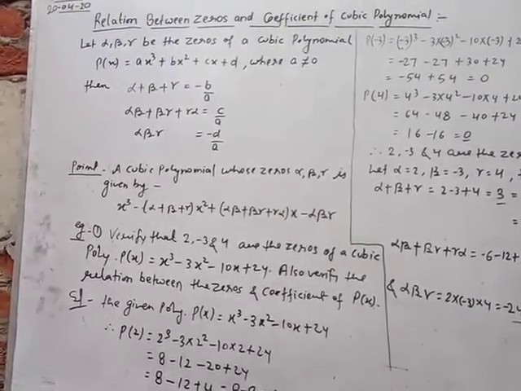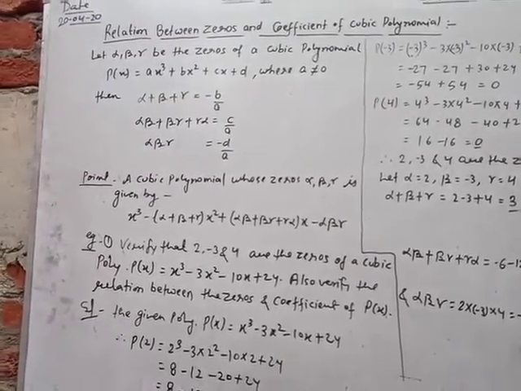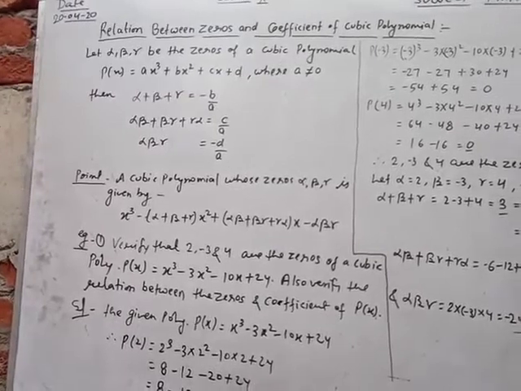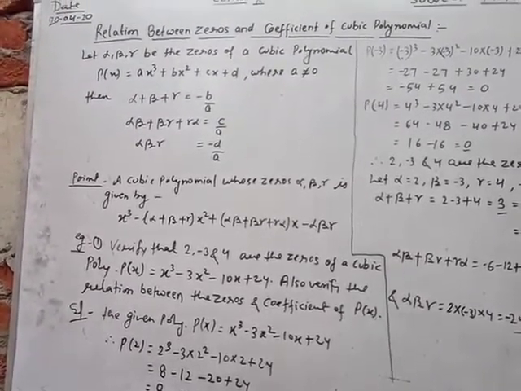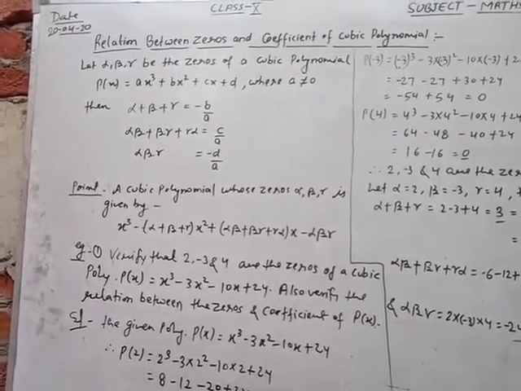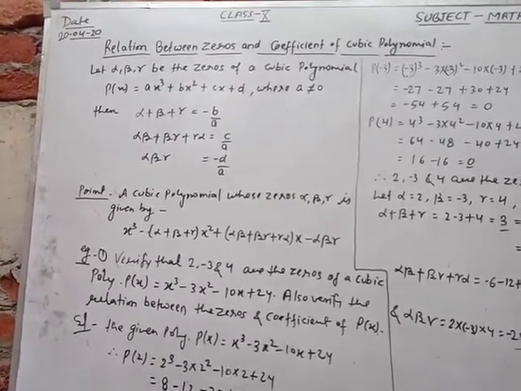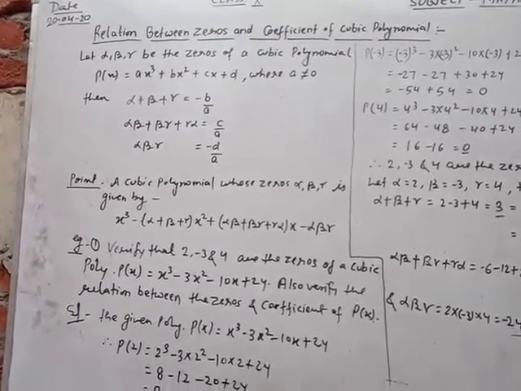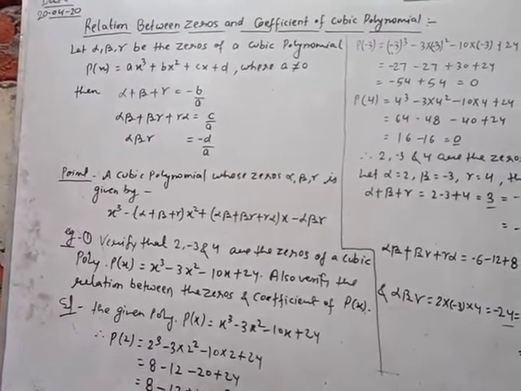Then what is the formula for finding the cubic polynomial? x cube minus (alpha plus beta plus gamma) into x square plus (alpha beta plus beta gamma plus gamma alpha) into x minus alpha beta gamma.